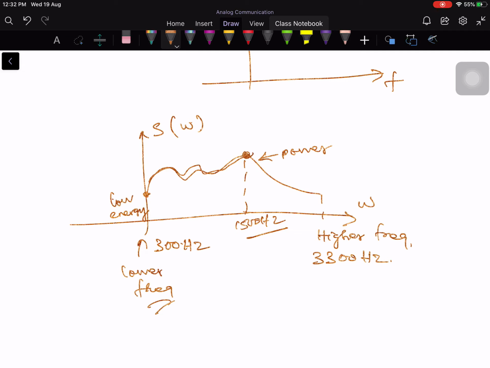So this spectrum is not really fixed. First of all, please understand, this is not a fixed spectrum for all voice signals. It varies from speaker to speaker.